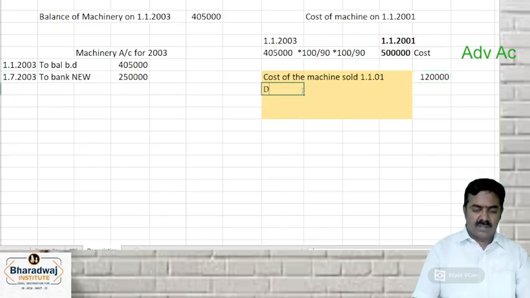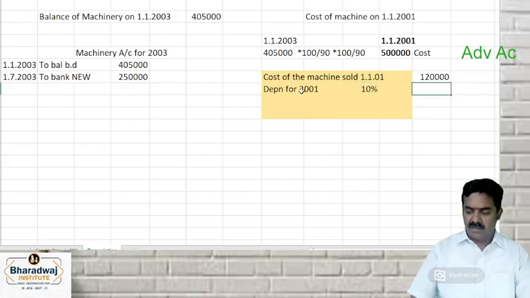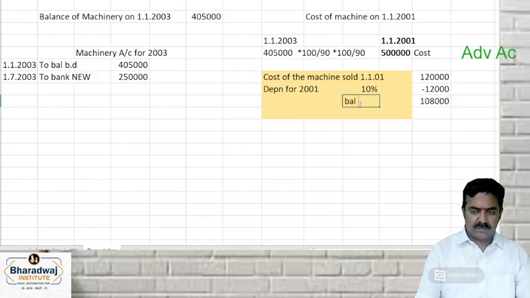1,20,000. Depreciation for 2001. We are in which method? Old method. 10% WDV. 12,000 இருக்கும். Balance would be 1,08,000. This is the balance on 1/1/2001.